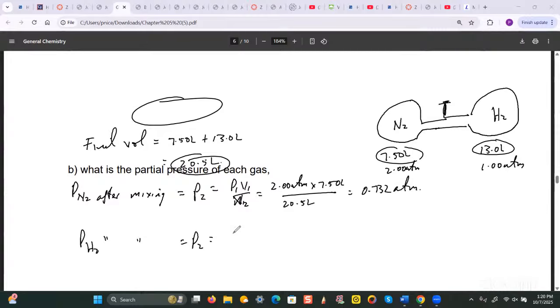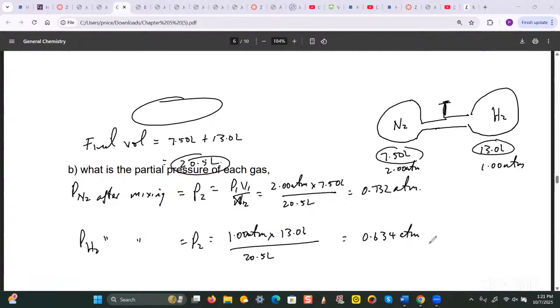Okay, so what are the numbers I need to write? 1.00 atmospheres times 13.0 liters divided by 20.5 liters, exactly. Okay, so let's see what I get. 1 times 13 and then divided by 20.5. And according to my calculation, that gives 0.634 atmospheres. All right. So that would be what the partial pressure of each gas is going to be.